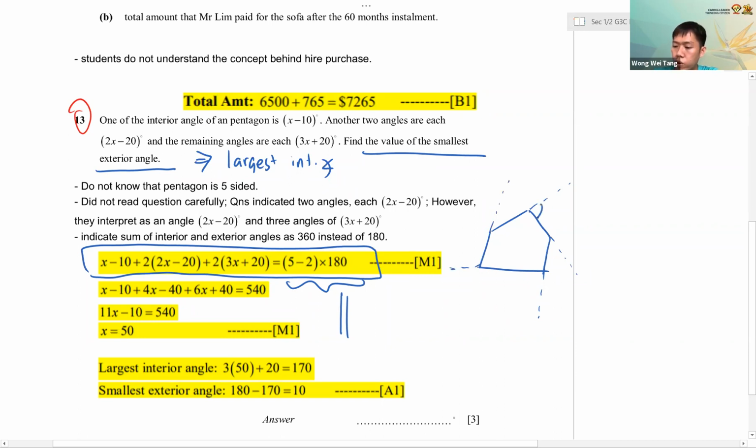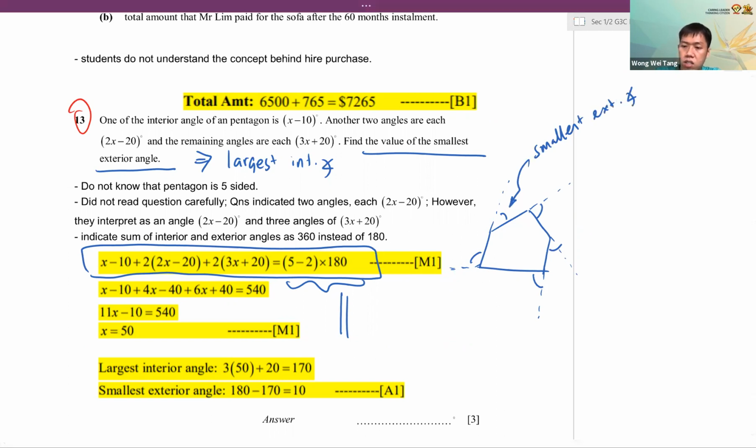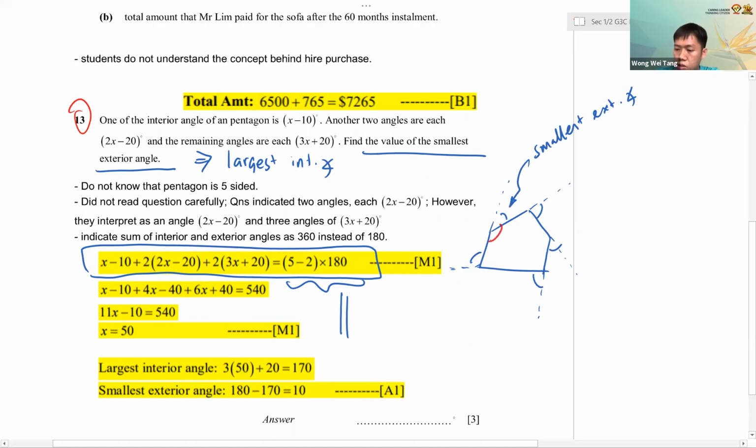Okay, so we've got 1, 2, 3, 4, and 5 exterior angles. If they want the smallest exterior angle, based on my diagram, this is the smallest exterior angle. It corresponds to the largest interior angle. Do you see that?